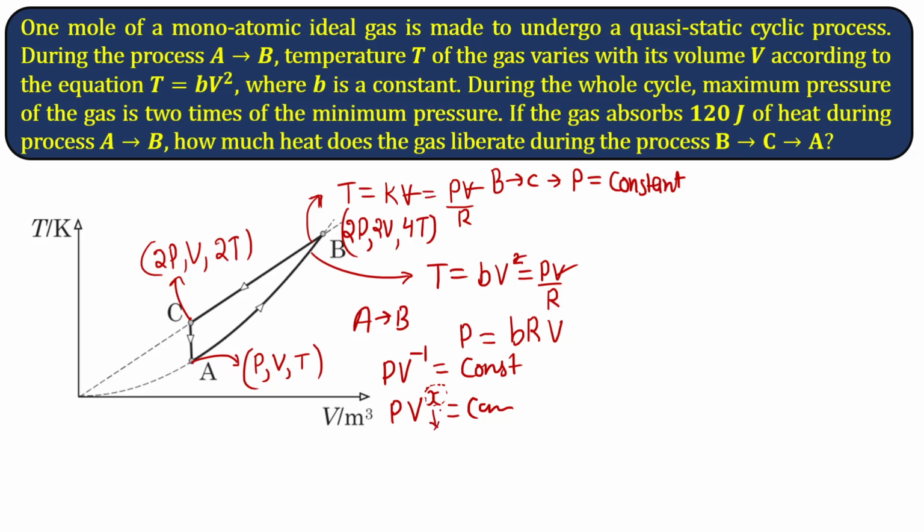Of course, at X equal to 1, there is an exception. In that case, the results are not going to hold because the integration will differ. Of course, this is not for X equal to 1 or gamma. For gamma, it is called an adiabatic process. For X equal to 1, this is an isothermal process, right?